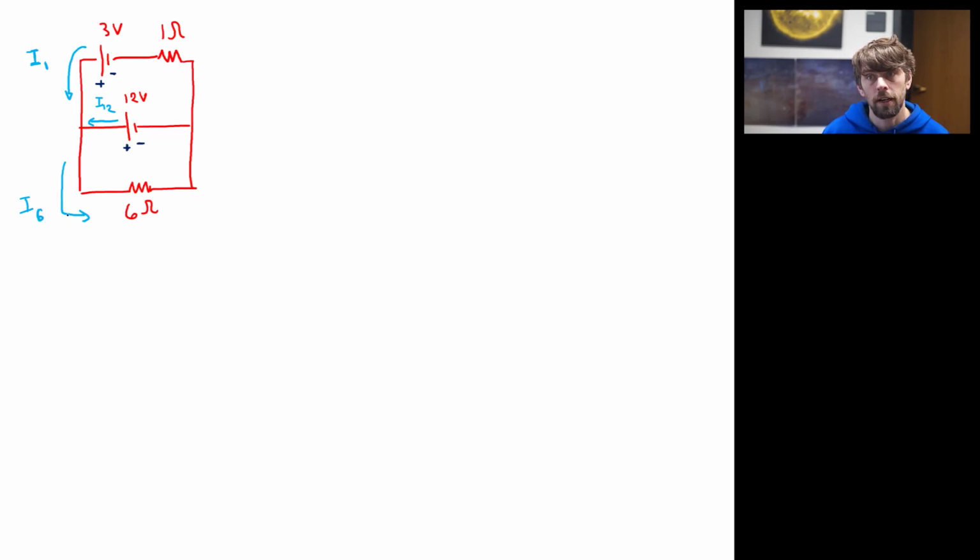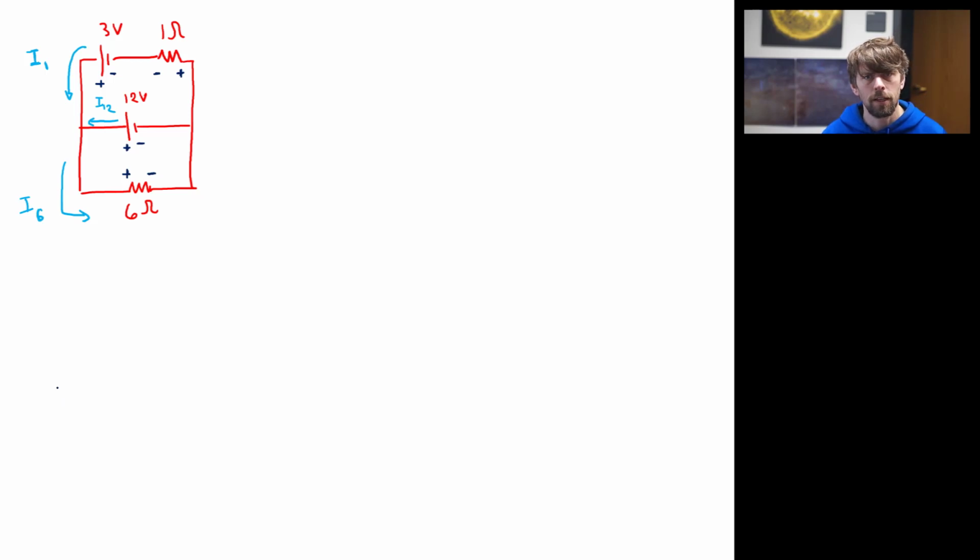And since I have it going from left to right across the 6 ohm resistor, the left-hand side represents the high potential. The right-hand side represents the low. Similarly, across the 1 ohm resistor, you can think of I1 must be going this way through that part of the circuit. And so the right-hand side is the high potential. The left-hand side is the low potential. And we're done. We have labeled our high and low sides.